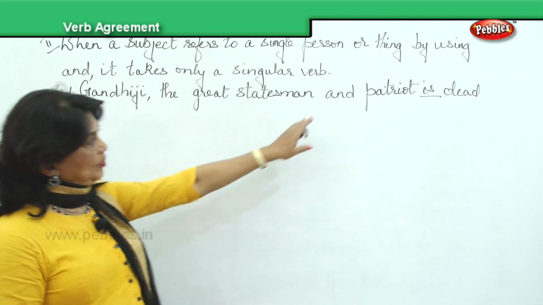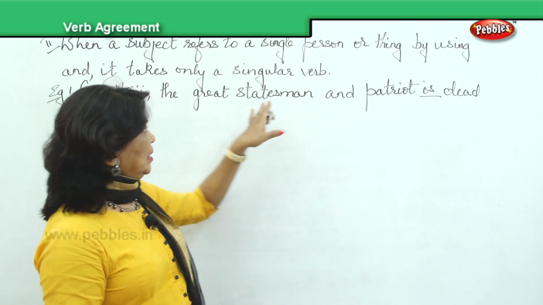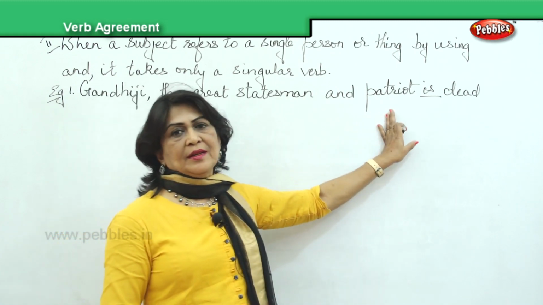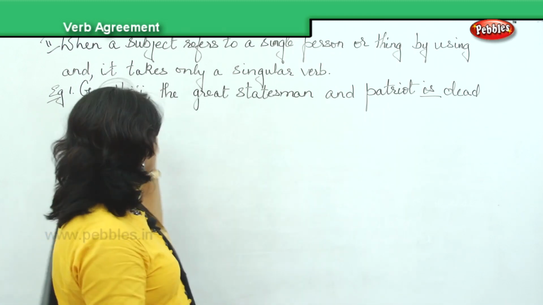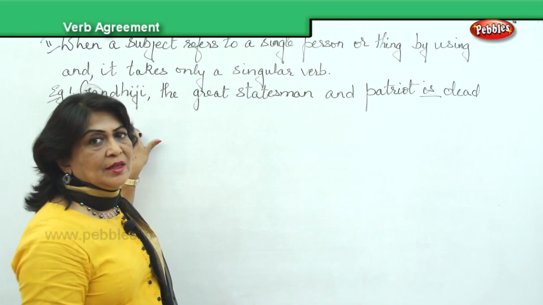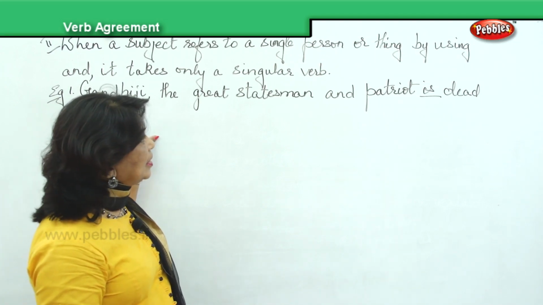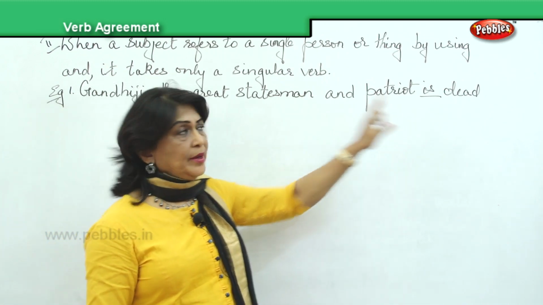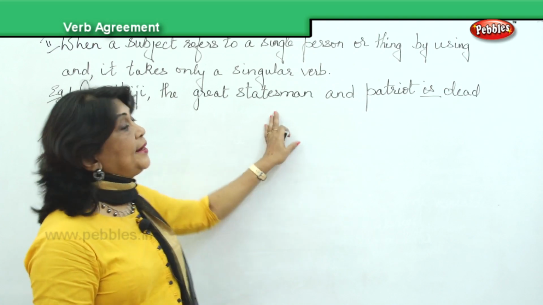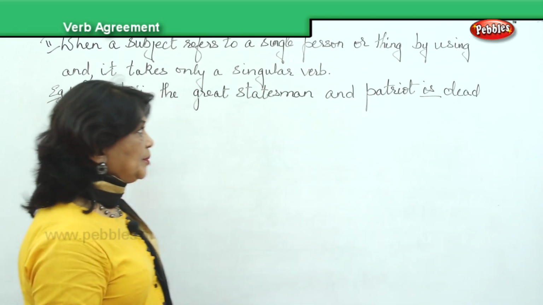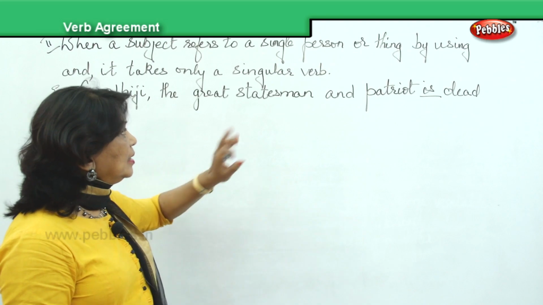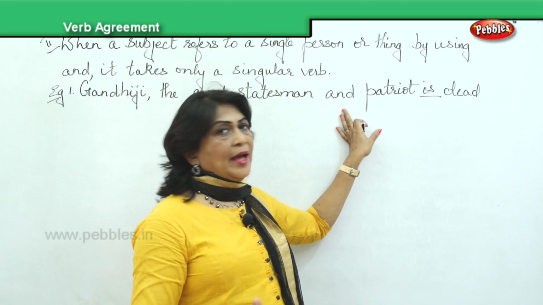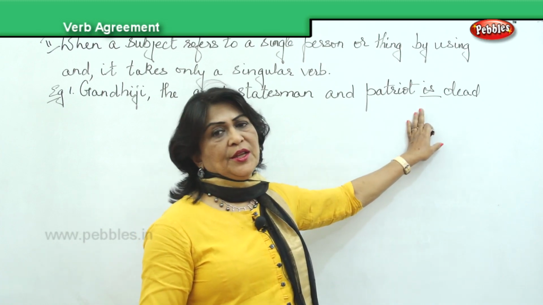If you see here, I am using and. I am using two different things here, statesman and patriot. But these two refer to a single person, Gandhiji. Okay? Gandhiji is dead. If I say the statesman and patriot are dead, that is different, but here I say Gandhiji, the great statesman and patriot, it talks about Gandhiji as a single person being referred to by two different aspects by adding and, we use the singular verb.